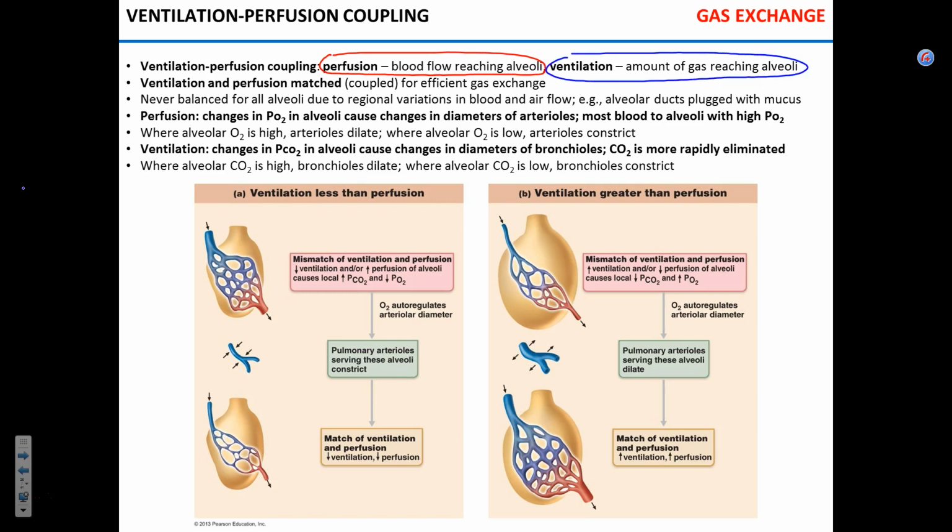Perfusion is how much blood reaches the alveoli, and ventilation is how much air gets in the alveoli. Does that make sense? And then there is a concept: perfusion and ventilation are matching each other. What does that mean?